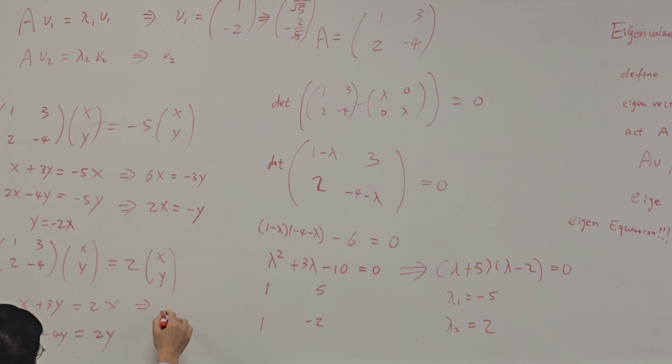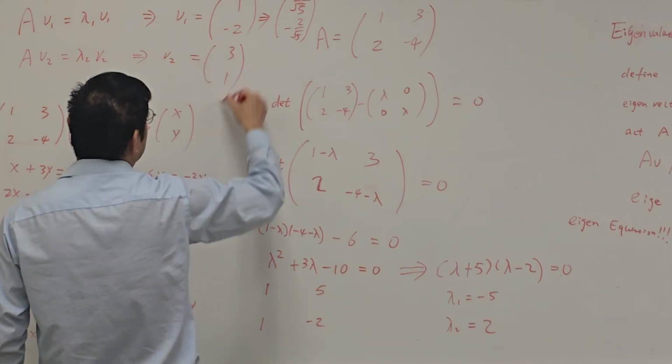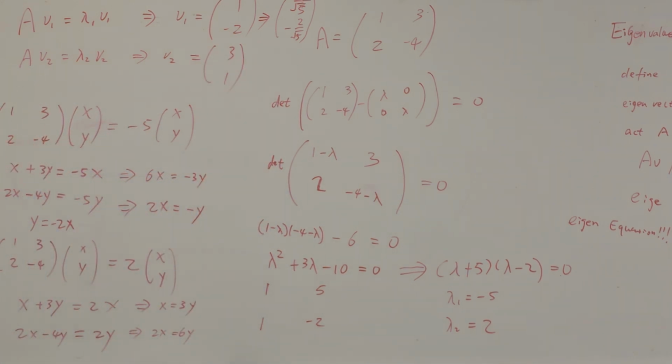This one gives me x equals 3y. This one gives me 2x equals 6y. You see, they're the same equation. They're consistent. So this time you can choose your y to be 1, your x to be 3. That's the eigenvector.